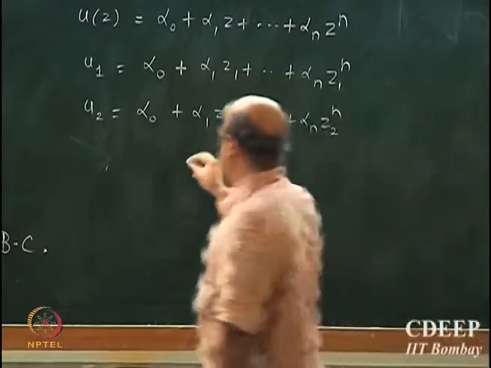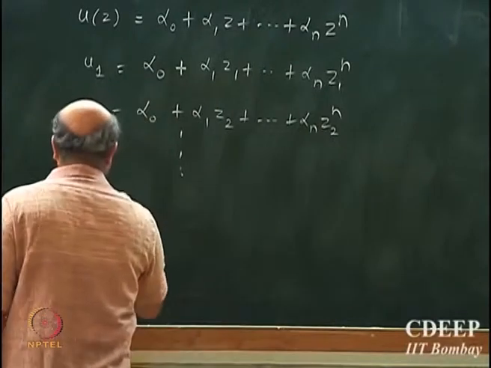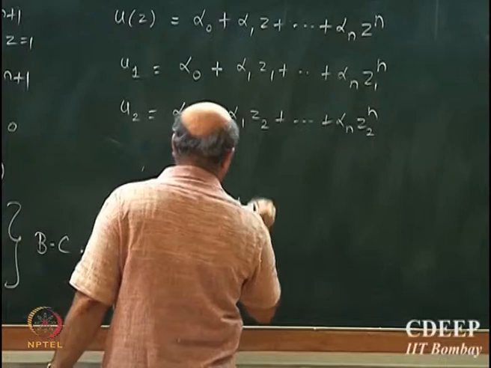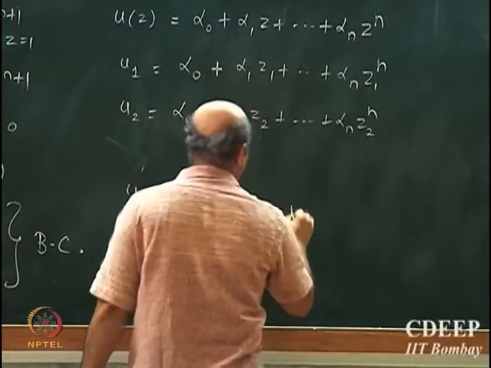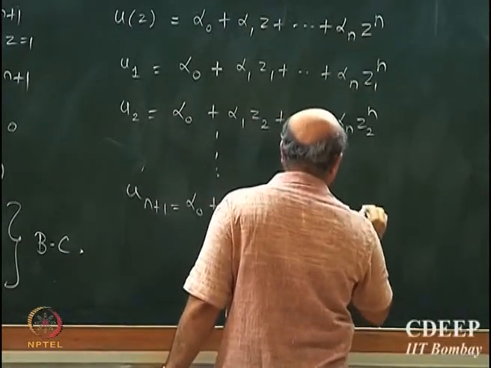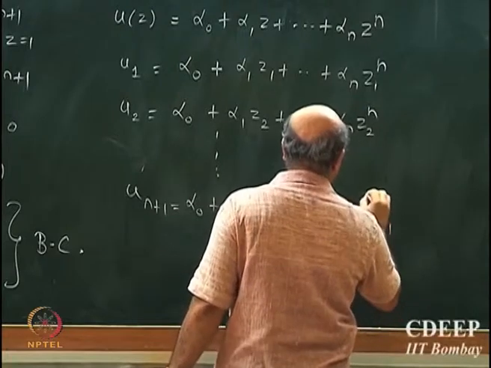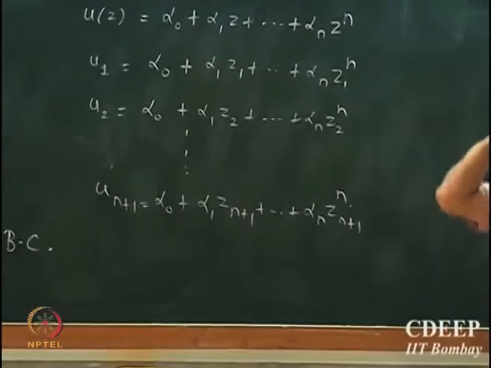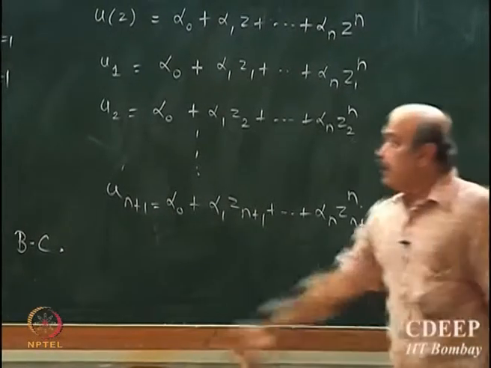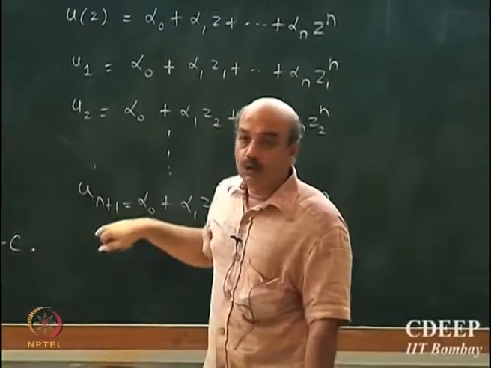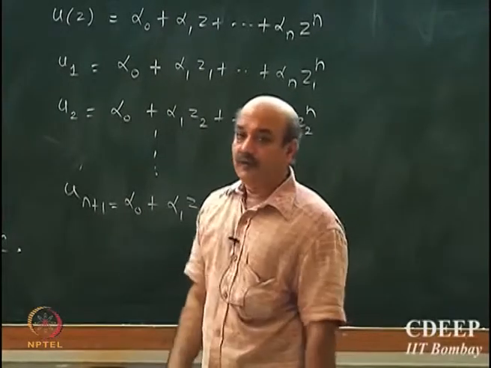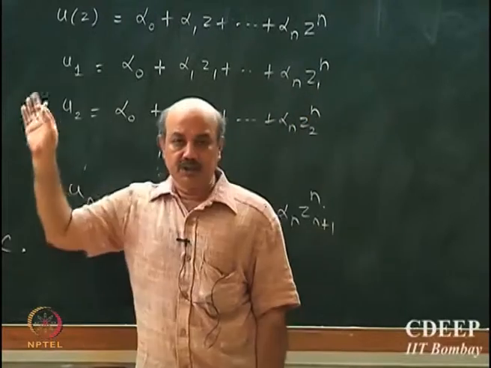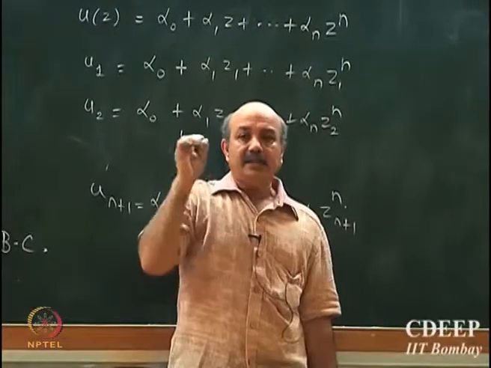You would write all these equations, up to Un plus 1. U1, U2 up to Un plus 1, these are the values of this approximate solution at the grid points.